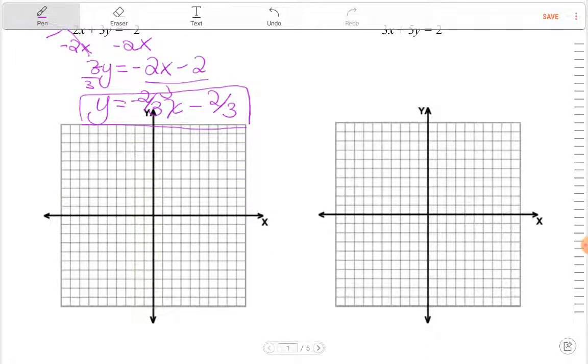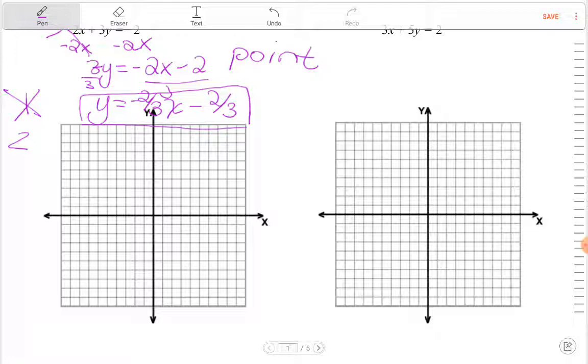And again, I ended up with having a slope and a y-intercept both as a fraction. So I can't graph my y-intercept. I have to find an additional point from which I can then graph. Again, my denominator is 3. So it would be either 1 or 2, which will work. Let's try out. If I plug in 1, I'm going to have negative 2/3 times 1, which is negative 2/3, minus 2/3 is negative 4/3, which will not give me a whole number, so 1 will not work.